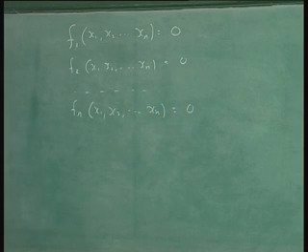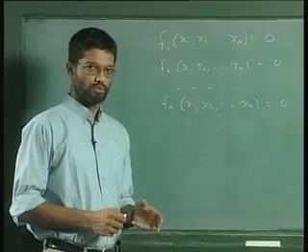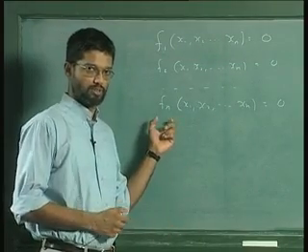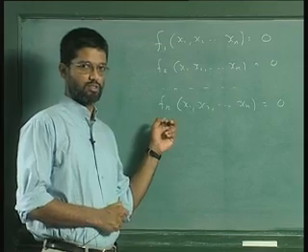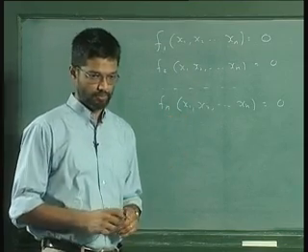So we look at this in a little more detail, how to solve a system of nonlinear equations of this form using the Newton-Raphson technique, which we have already used for the single equation, single variable case. Okay, so we will just look at how to do that in the case of a system of equations.